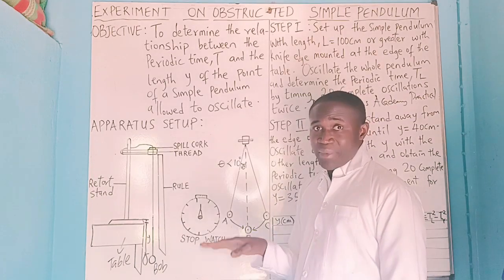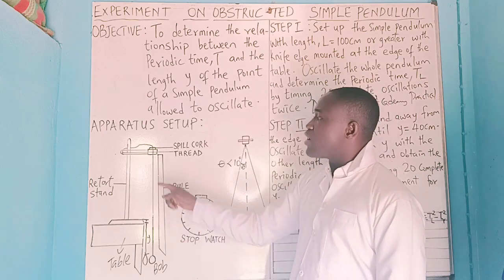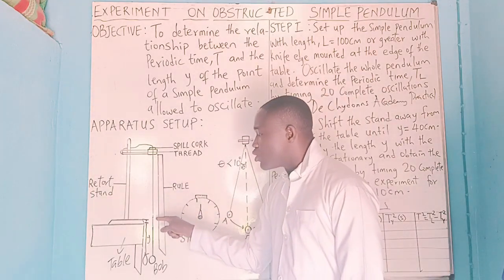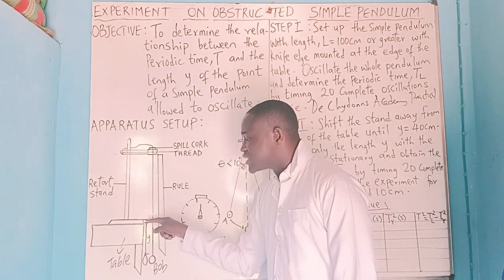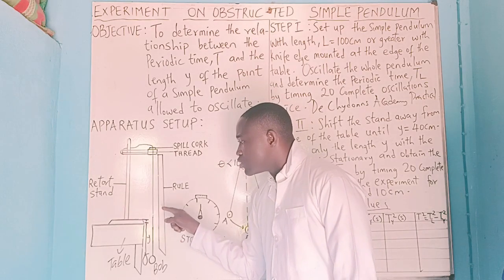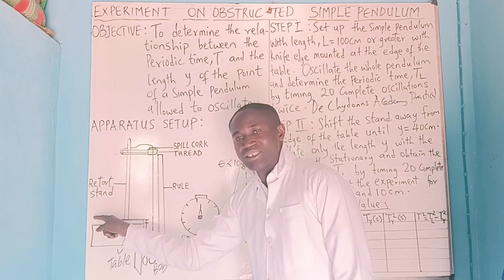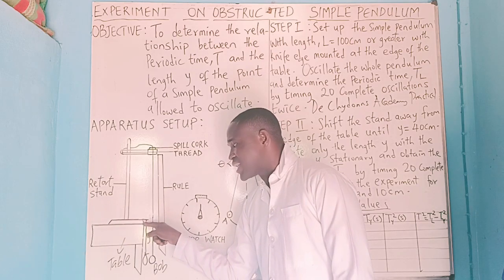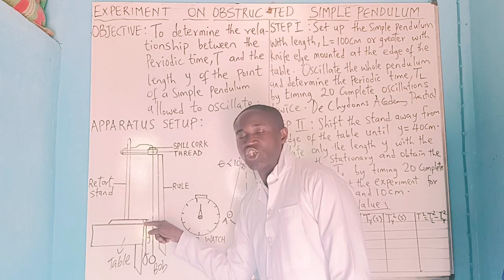Are you getting it? It will still be hanging. The reason why you have to lower it is so as to be able to get your 40 cm when you shift this little stand inside and clamp this thread at this edge of the table.